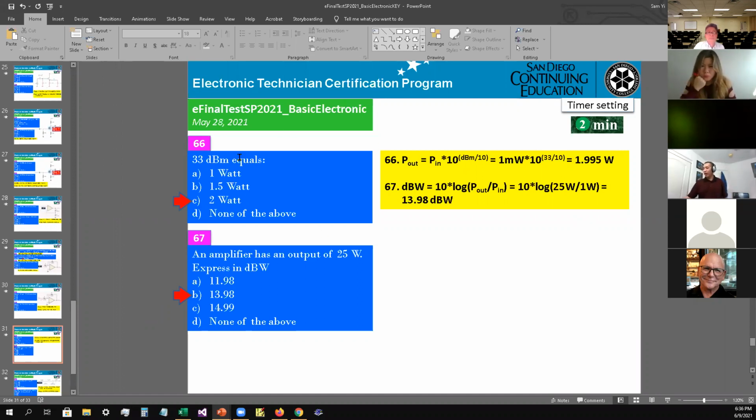The reference P in is 1 milliwatt times 10 raised to the quantity 33 divided by 10. Multiply that and you should get 1.995 watts. You can round it off to 2 watts. So the answer is C as in cat for number 66.